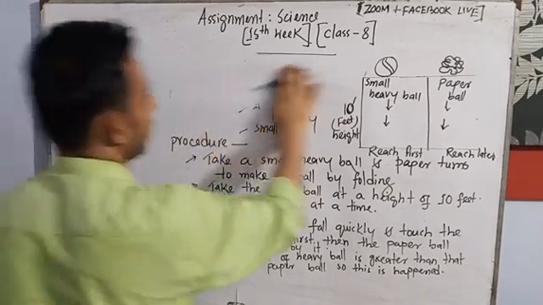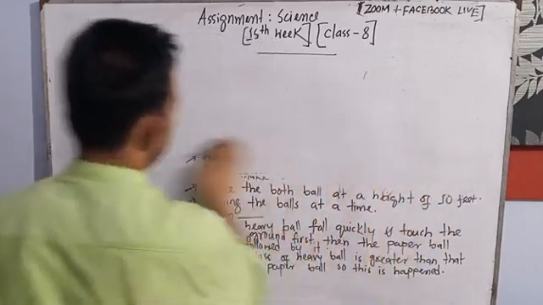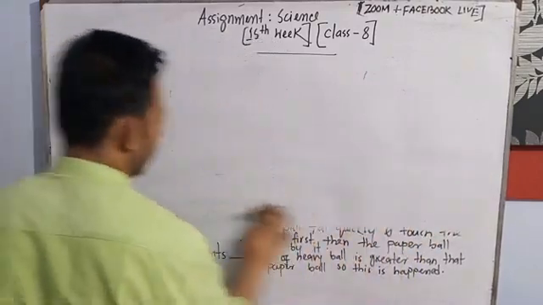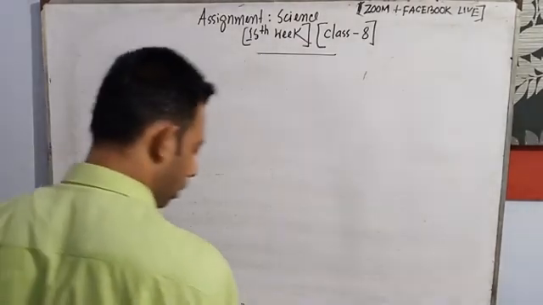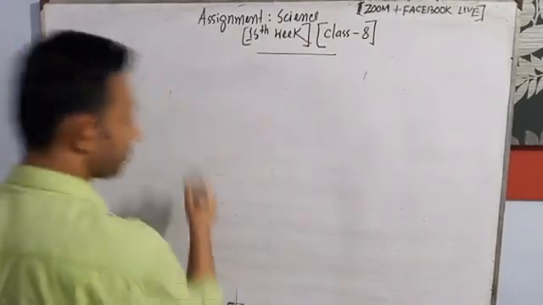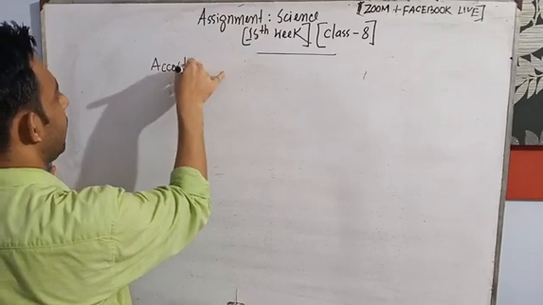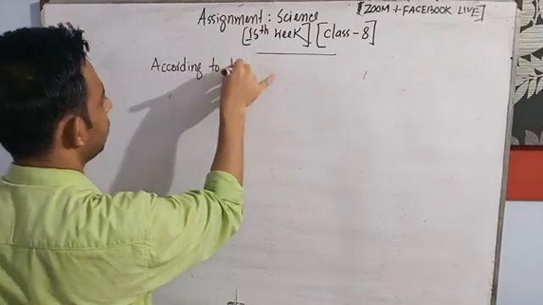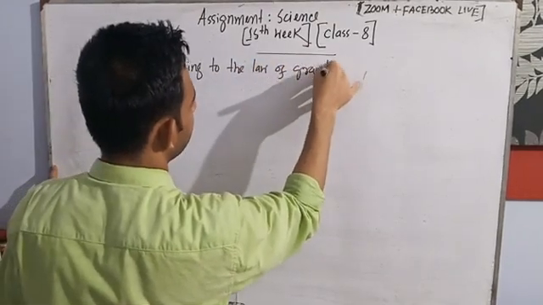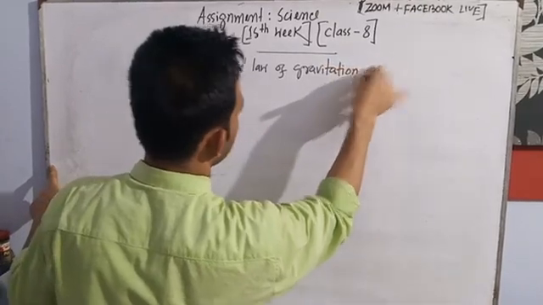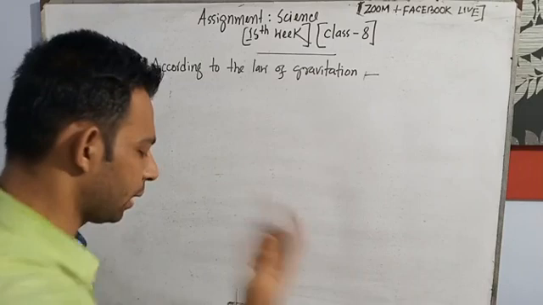Okay, two things. First of all, according to the law of gravitation, look at here. Now we will go through what is happening on there. According to the law of gravitation, we can write according to the law of gravitation. At first we will give their law of gravitation.